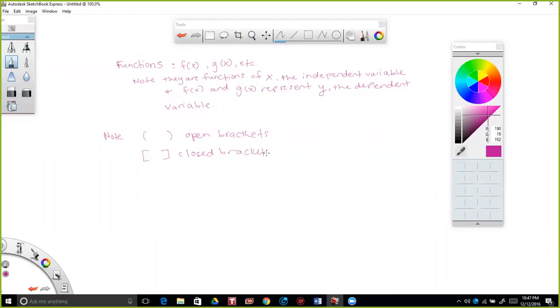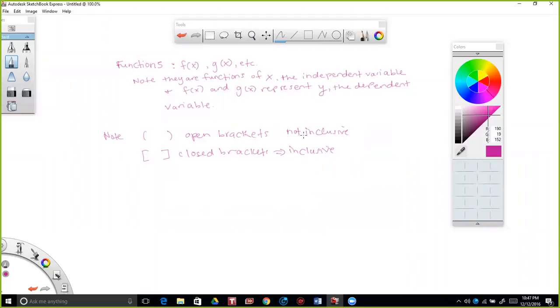Open means you have no bound, not inclusive. When you're dealing with infinity and negative infinity, you can't bound them because you don't know what they are.